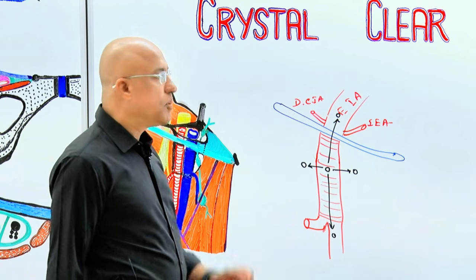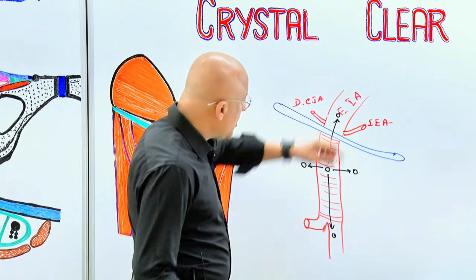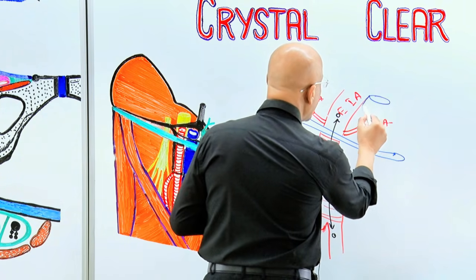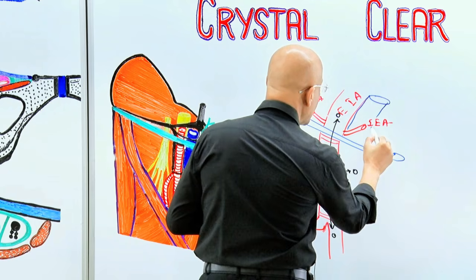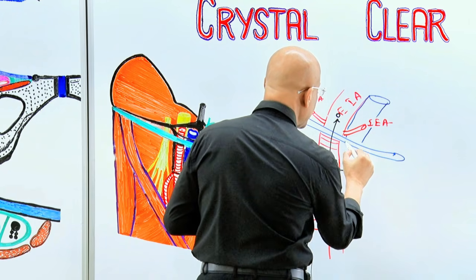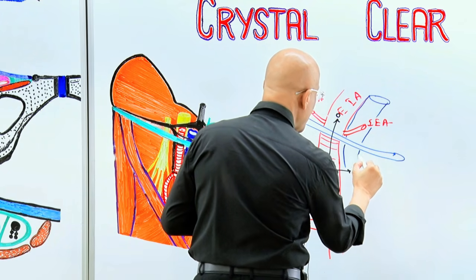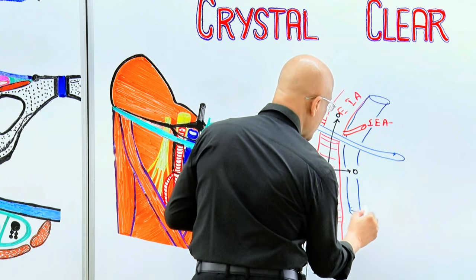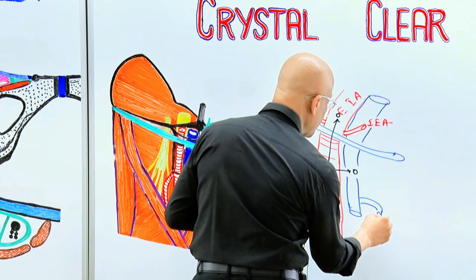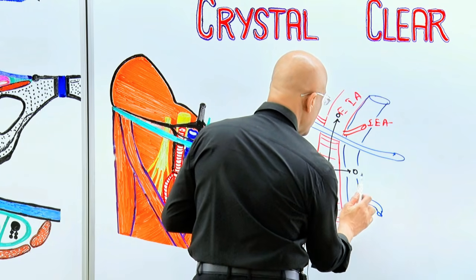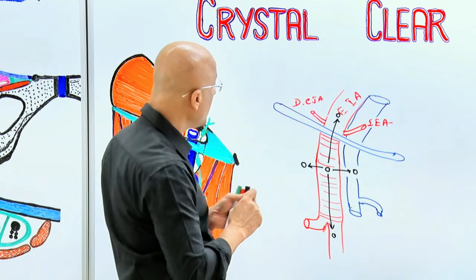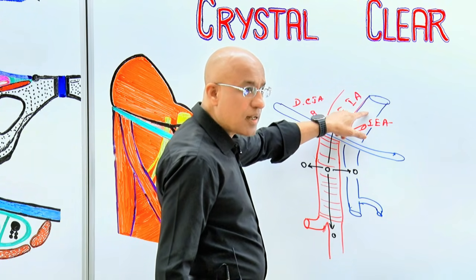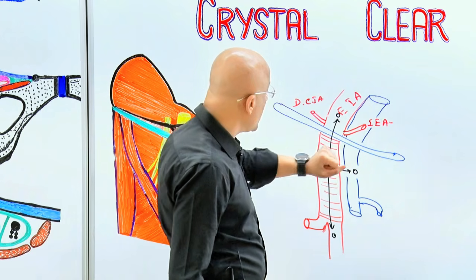Then we can come to the vein, because the vein is going along with it. Which vein should be here? The external iliac vein, and here it converts into the femoral vein, and the saphenous vein drains into it. Now, which vein is this? The external iliac vein.